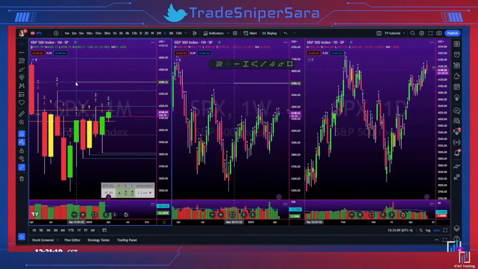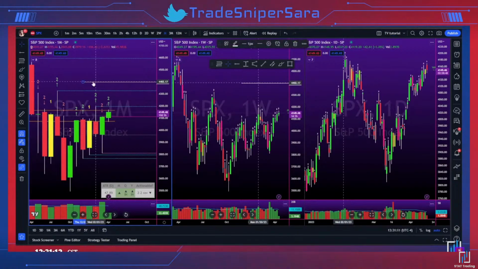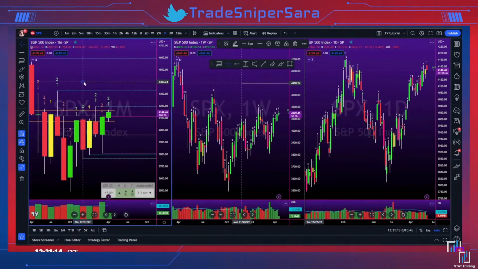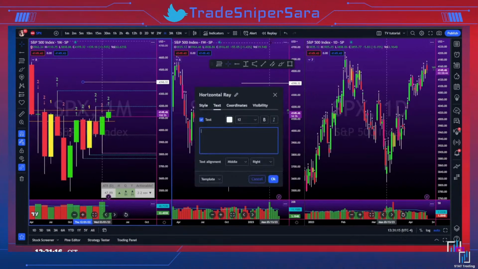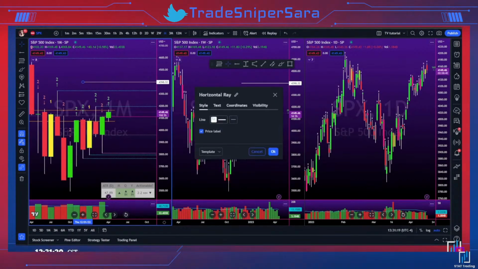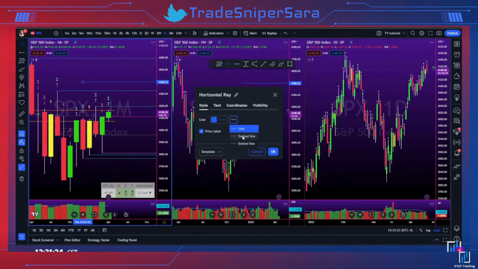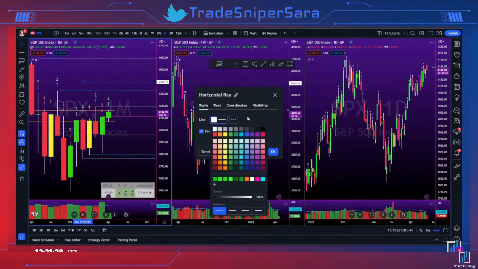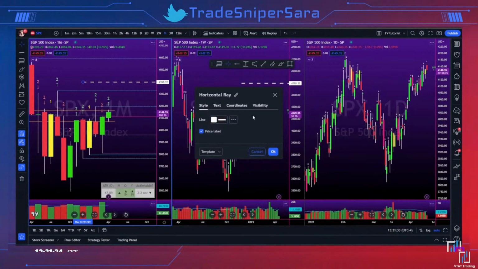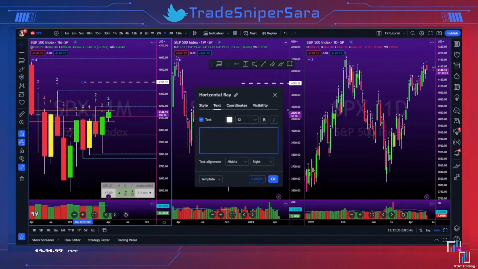If you want to make templates for what your lines do, click Align, click Settings, and then you kind of just make your line however you want it to look. You can change the color. You can change if it's dashed. You can change the thickness down here. There's so much that you can do.